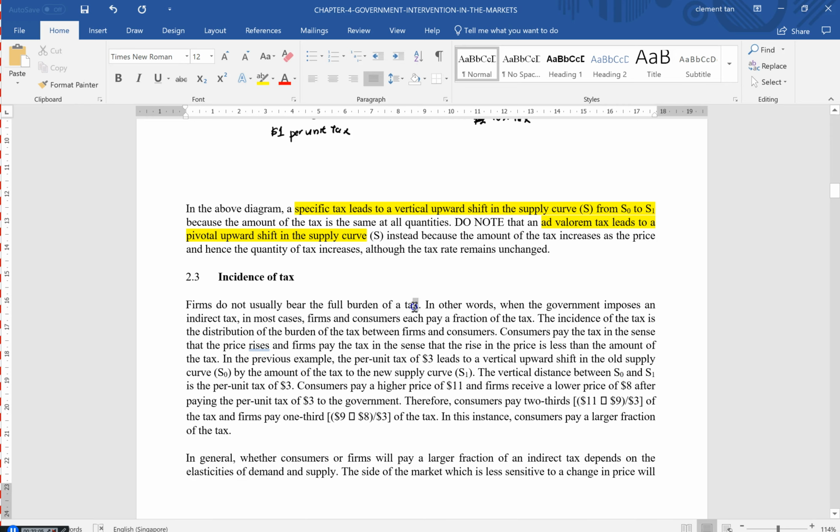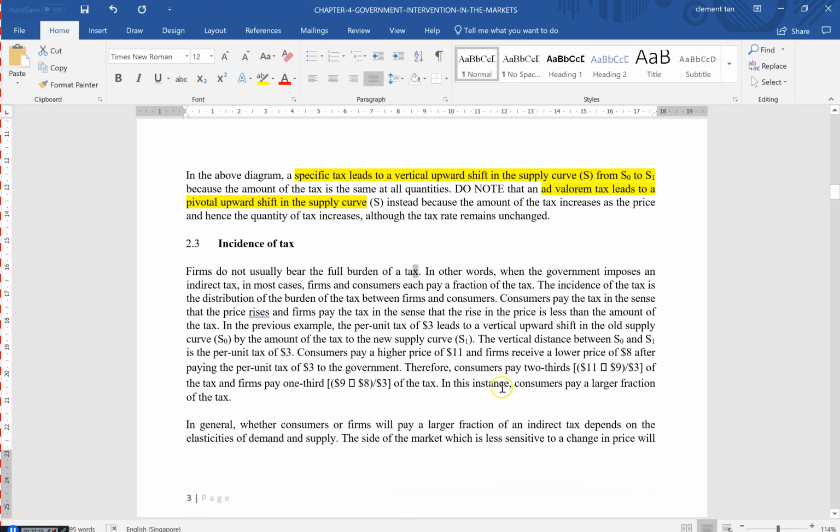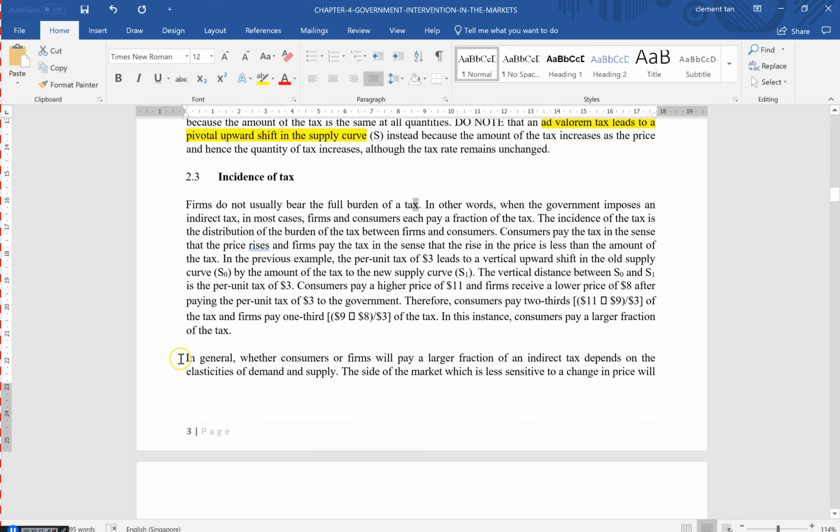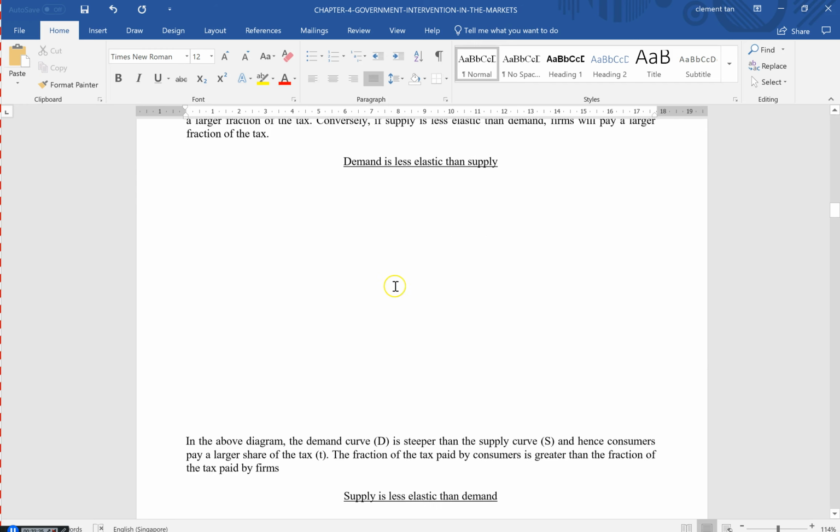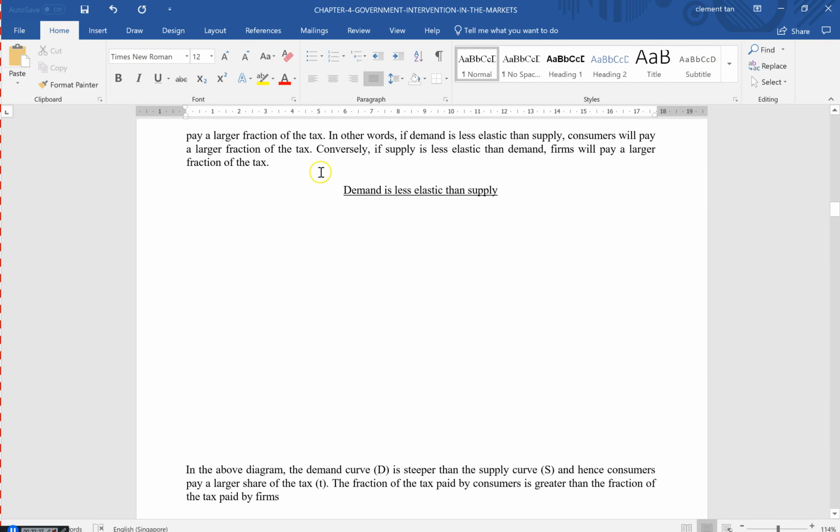They usually try to push it to the consumers. But can they push it totally to consumers? By right, no, even though in real life we always push it totally to the consumers. In general, whether consumers or firms pay a larger fraction of the tax depends on the elasticity of demand and supply. Let me write it out.